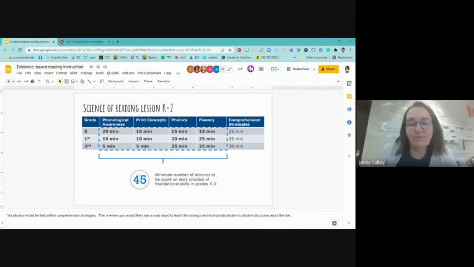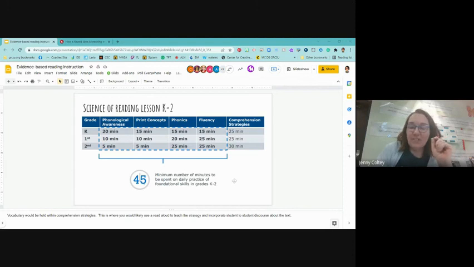So true. All right, I'm going to move us along. This next slide is showing us what a typical science of reading lesson looks like. This is for K, 1 and 2, and it breaks down how many minutes of phonological awareness in those first 3 foundational grades, and then the print concepts, phonics, fluency, and then comprehension strategies.